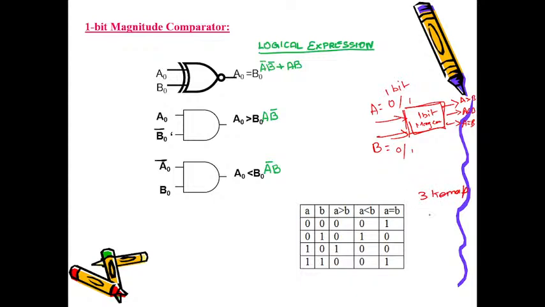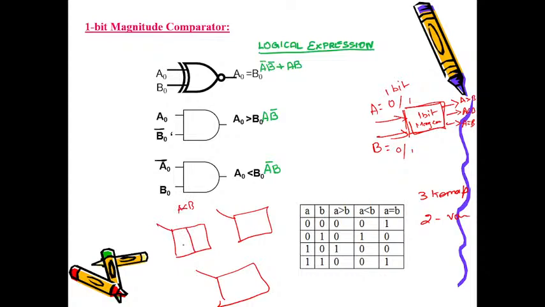Go for a two variable K map. What is a 2 variable K map? This is how it looks like. So how many? 3. So for A less than B, what is the K map? A, B. This is 0, 1, this is 0, 1.